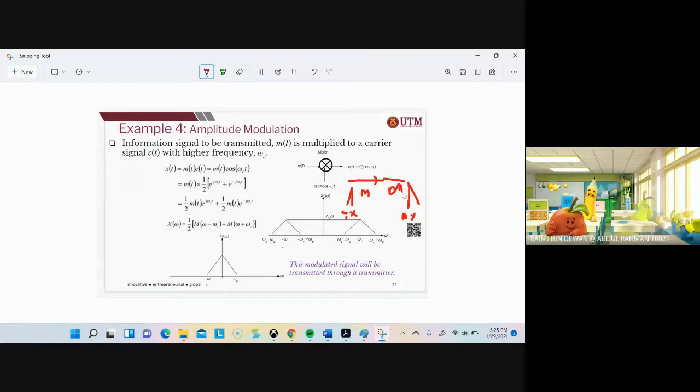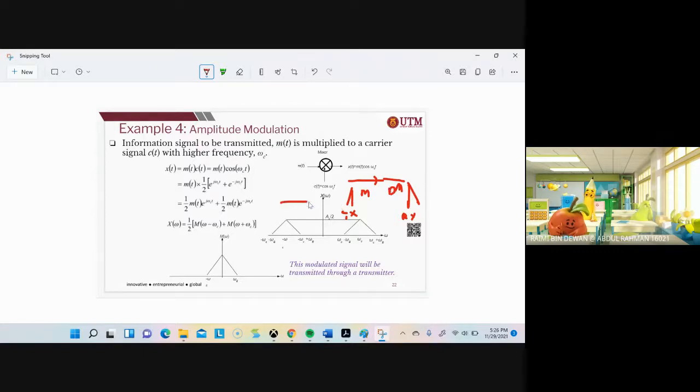Just now we mixed it with something for it to be carried wirelessly over distances. Then we need to demodulate it, because we want to retrieve back this information signal. It means we need to remove the carrier, and even the noise, in order to retrieve the information.